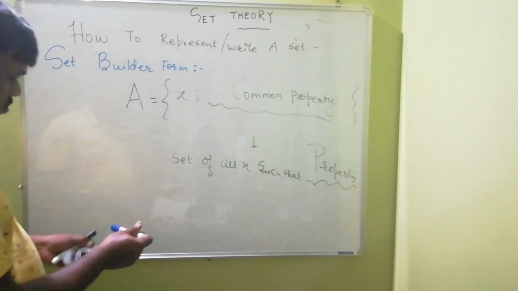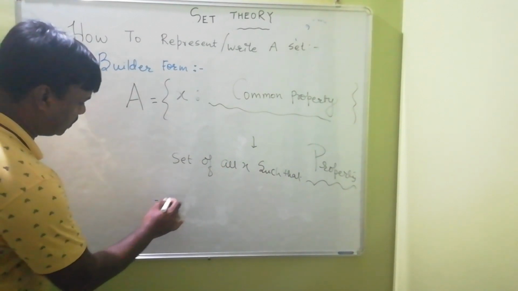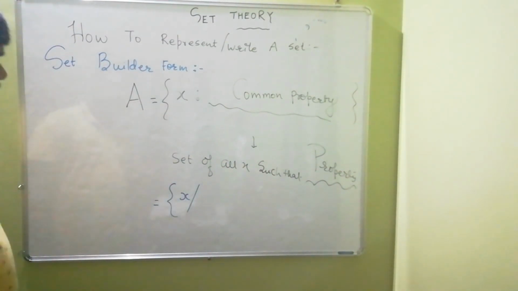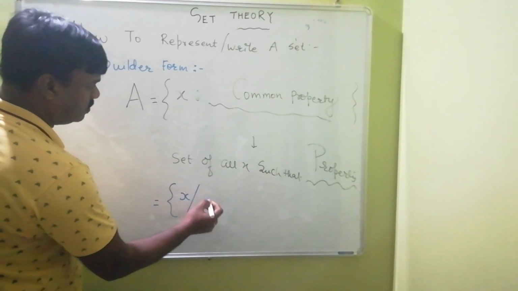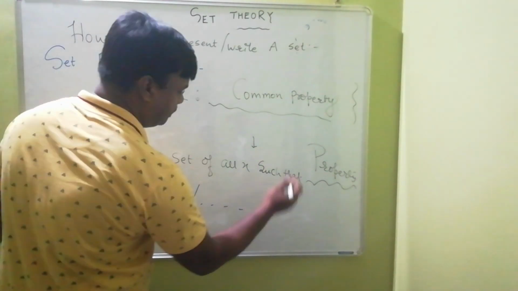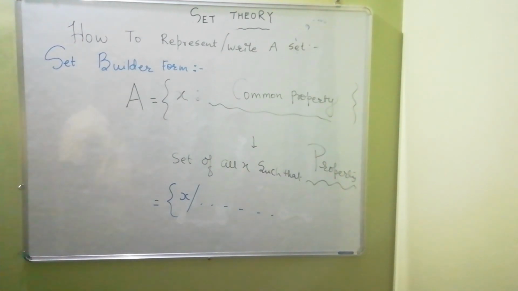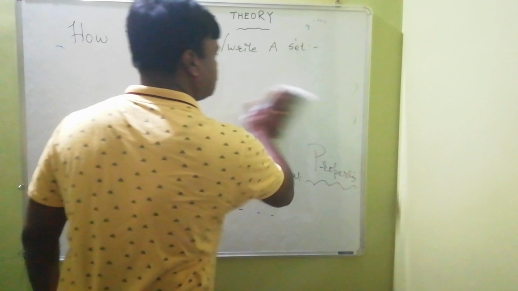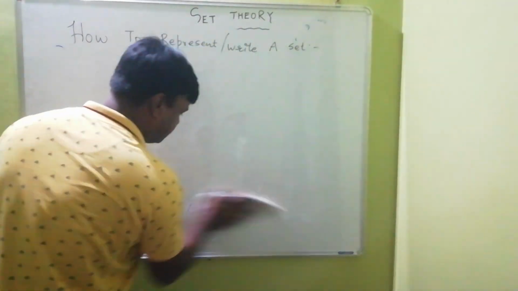There is one more symbolic representation. You will find set of all x. We are writing this such that, for such that, then property. So let me see certain examples and how to write that.